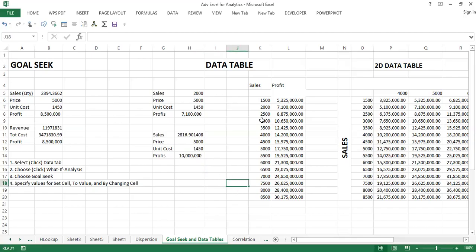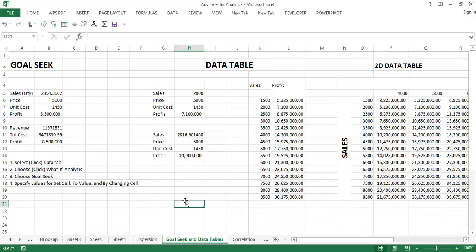So what's now the use of goal seek? I think this whole process, the goal seek what-if analysis, is to check the quantity of goods sold. It's not only for price or quantity of goods, so it can be any other type of data.